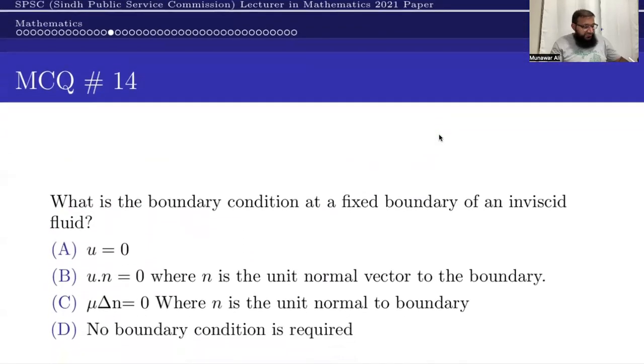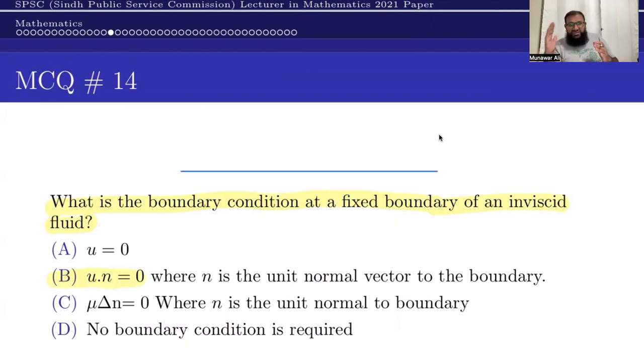MCQ number 14. What is a boundary condition at a fixed boundary of an inviscid fluid? It's some sort of easy thing which we can study when we are studying fluid dynamics. So it is u dotted with n is equal to 0. I can give an example of that. If you have a boundary, let's say a river is flowing and there is a side of the river or the bottom of the river.